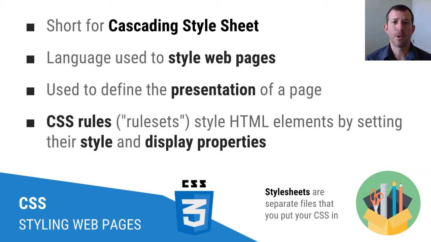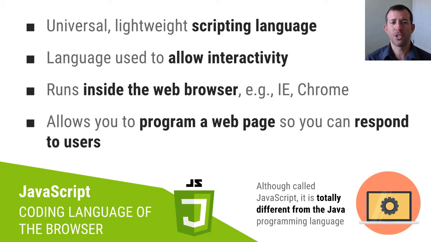In CSS, you create what are called CSS rules or rule sets to style the HTML elements on the page. And last but not least, JavaScript is the language of the browser. It is an interpreted programming language that allows you to add interactivity, real power to otherwise lifeless web pages. This is what allows your web page to do meaningful things.